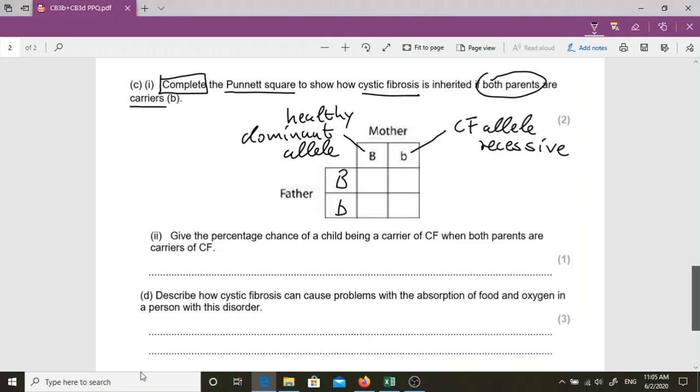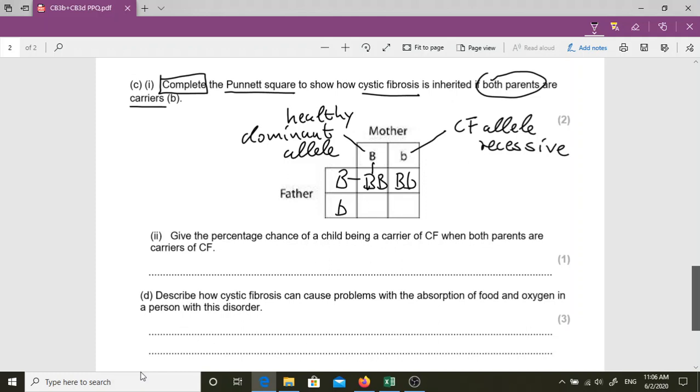And now we just have to do what we always do in Punnett squares. We combine those together, so we look at which letters are in the same rows and columns. If we start here from the mother and the father, in the first one we get two dominant healthy alleles. The next one we have from the father a healthy dominant allele, and from the mother one recessive cystic fibrosis allele.